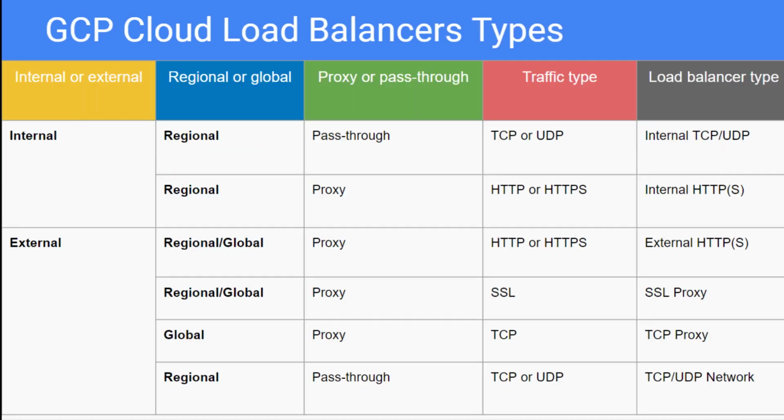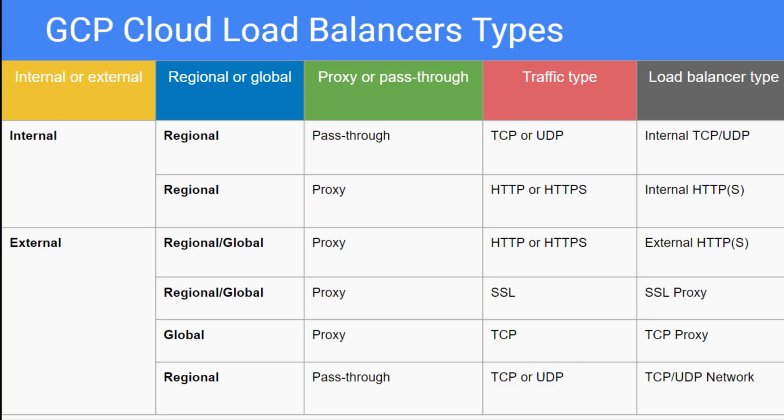Let's take a look at this summarized GCP Cloud Load Balancer types table, including whether the load balancer uses an internal or an external IP address, whether the load balancer is regional or global, and supported pass-through or proxy-based load balancing and traffic types.